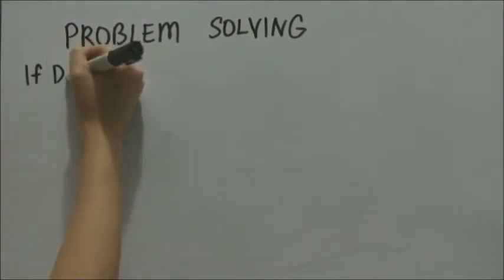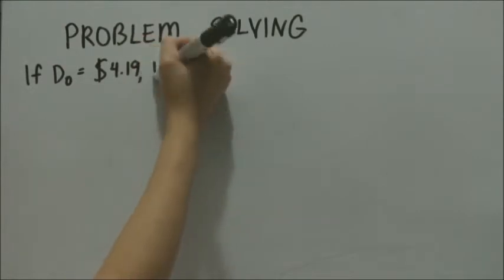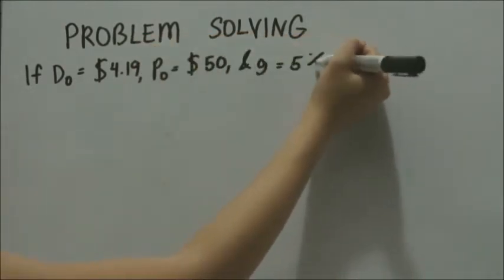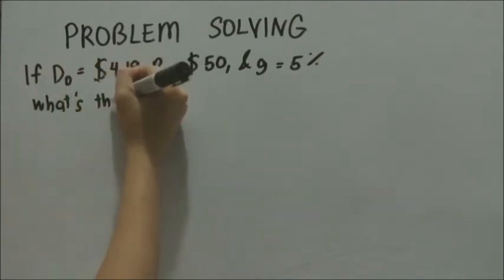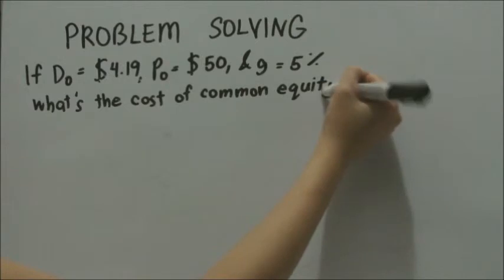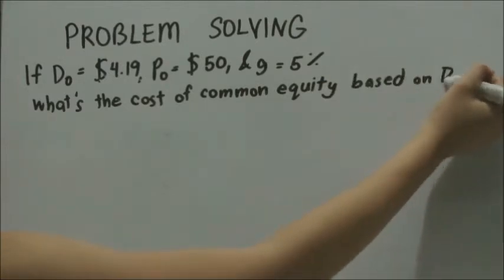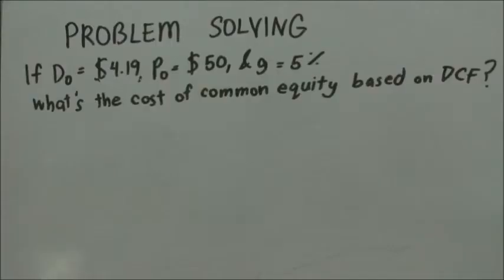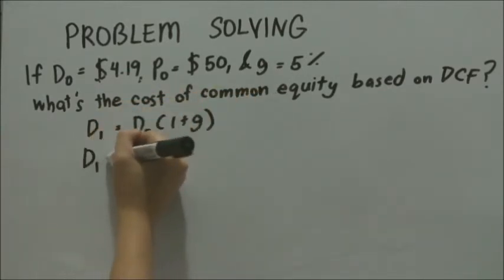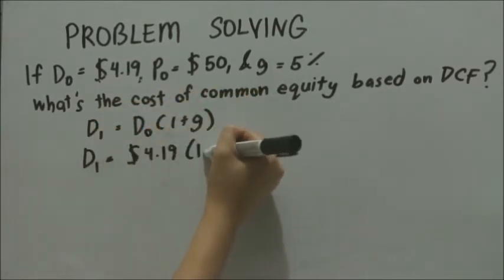For our second problem, if the dividend is $4.19, the stock price is $50, and the growth is 5%, what's the cost of common equity based upon the dividend growth model? Using this formula, we will get a common equity cost of 13.8%.